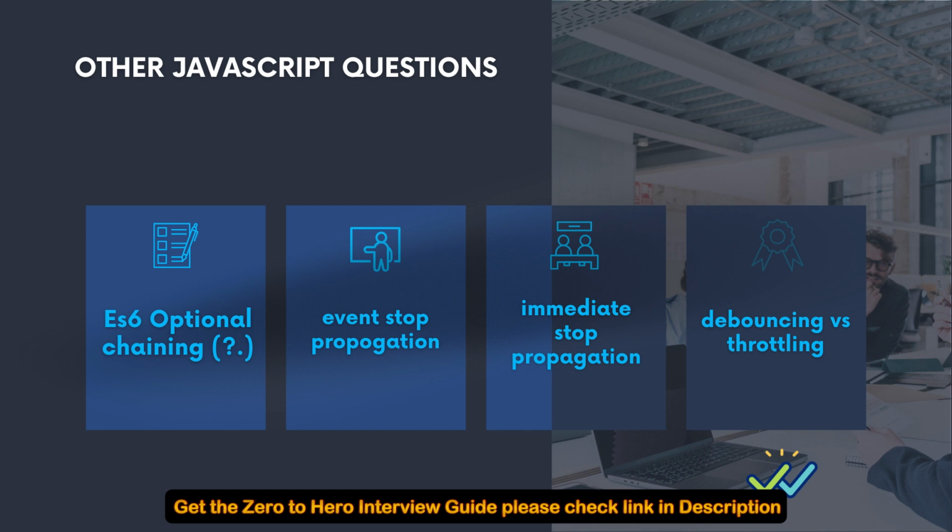What is the difference? When we want to limit our rate of emission from a source, such as handling mouse clicks or mouse moves, we use throttling. Debouncing is used when we want to wait for a pause.